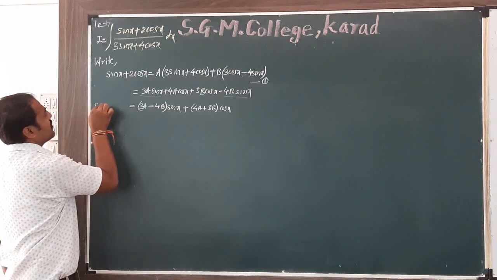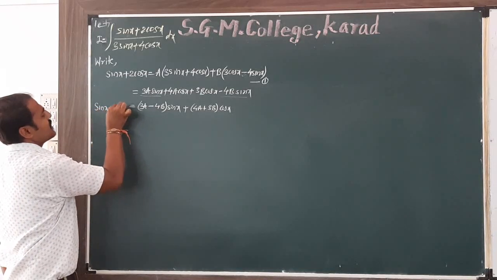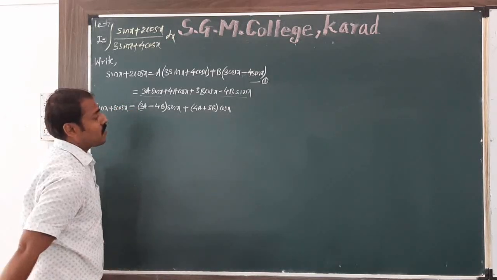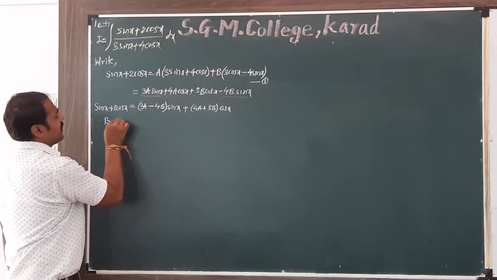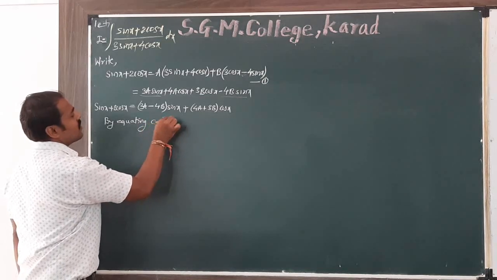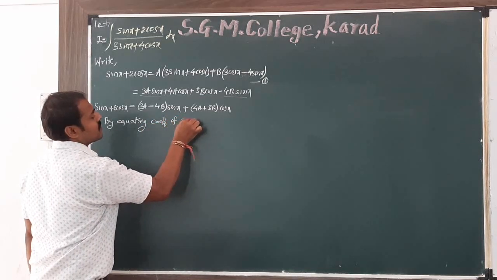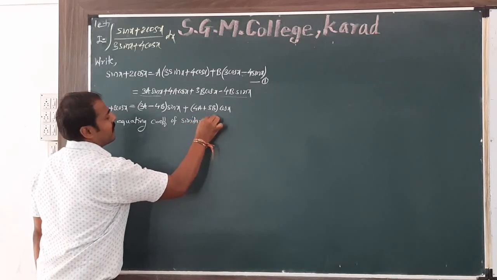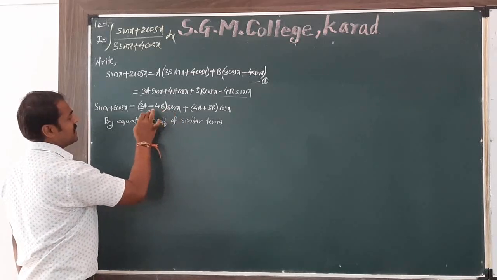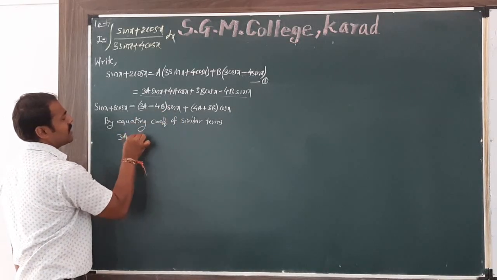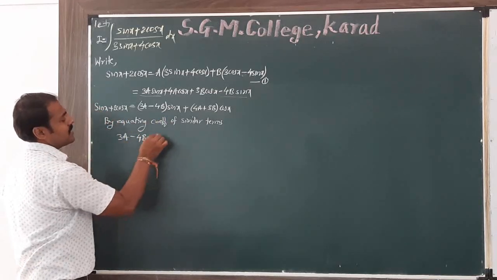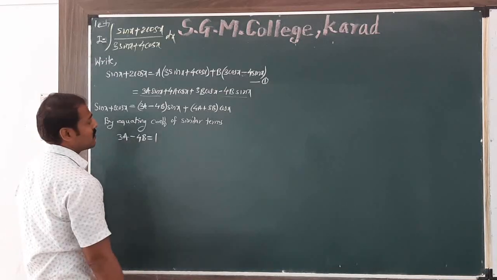LHS contains the terms of sin x plus 2 cos x, and here on RHS there are two terms of sin x and cos x. By equating coefficients of similar terms, we get, here coefficient of sin x is 3a minus 4b is equal to, here coefficient of sin x is not given, so it is 1. 3a minus 4b is equal to 1.